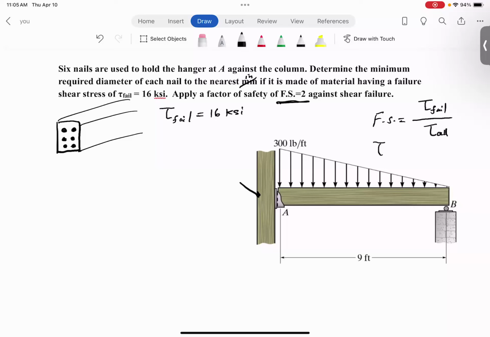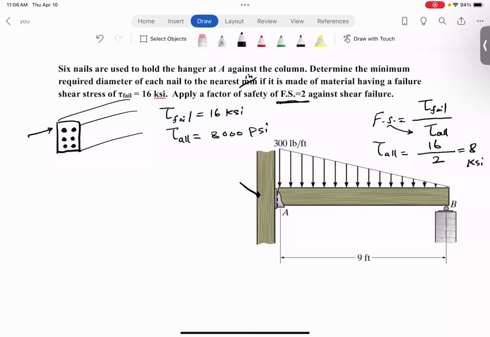So we want to be safe. Therefore, tau allowable would be tau failure, which is 16 KSI, divided by the factor of safety of 2. This is reducing the stress we want to have in each nail to 8 KSI. 8 KSI means 8,000 PSI. So right now, our allowable stress is 8 KSI or 8,000 PSI.